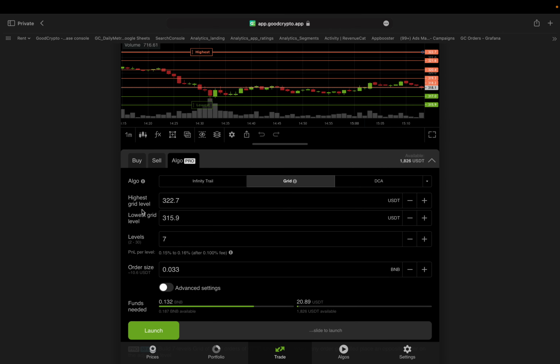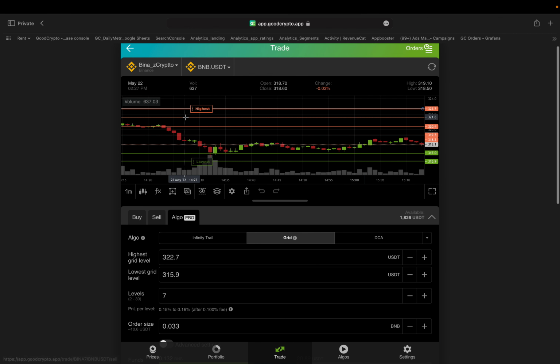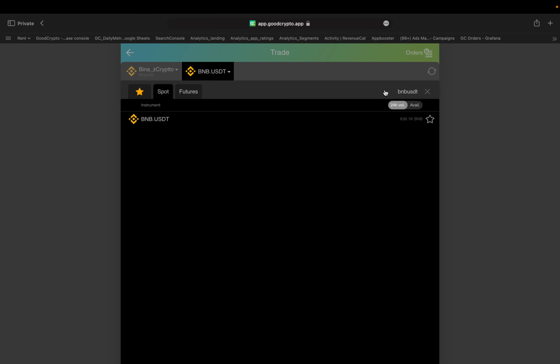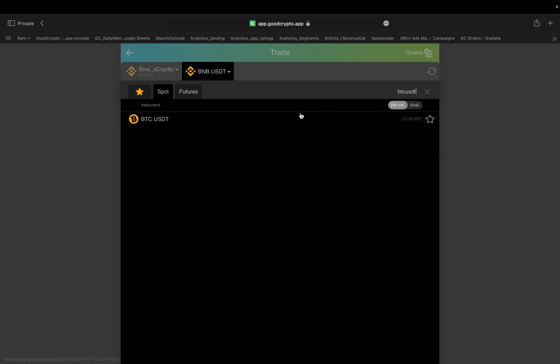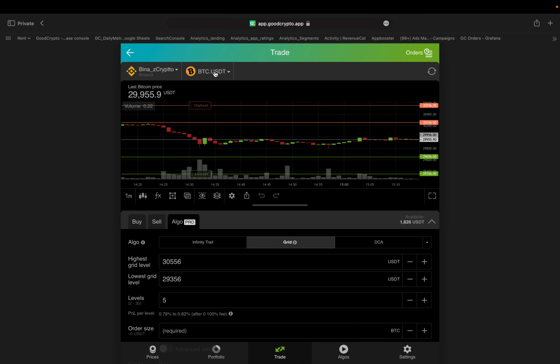But even on Binance, there is a neat trick to avoid that. In your Binance account settings, you check the checkbox and choose to pay fees in BNB. It doesn't work like that in the case of this pair, but for example, if you're trading not BNB USDT but say BTC USDT, then as I said before, to trade this on Binance you will be paying fees in BTC, the base currency, so you'll be spending BTC all the time.